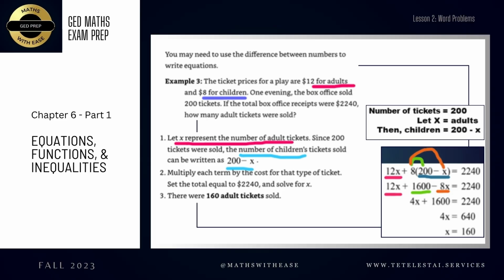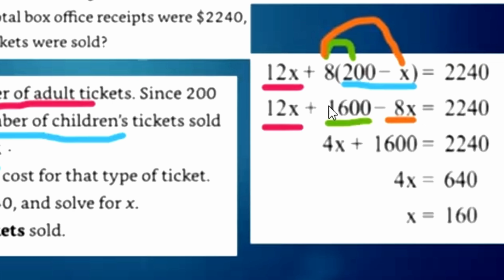That 198 comes from subtracting x, the number of adults, from 200. So if we want to find out how much was spent buying tickets for the children, we would simply multiply the number of children, 198, by 8. I presented that just to explain what's going on with this particular equation, right?